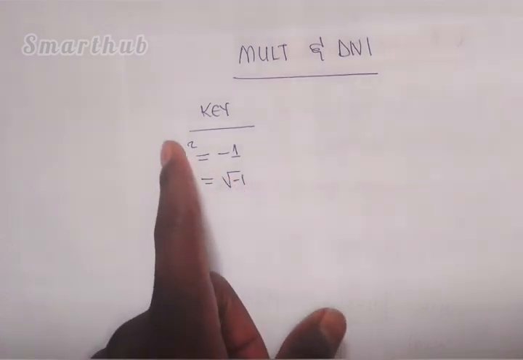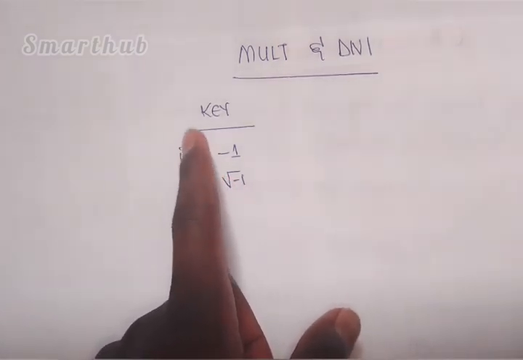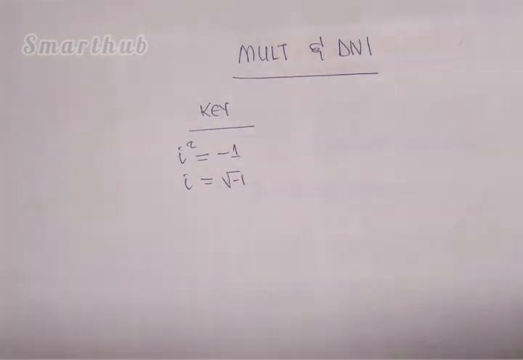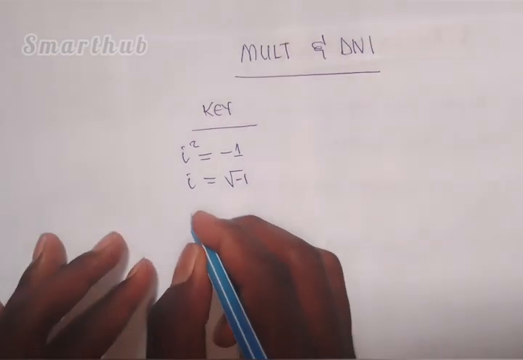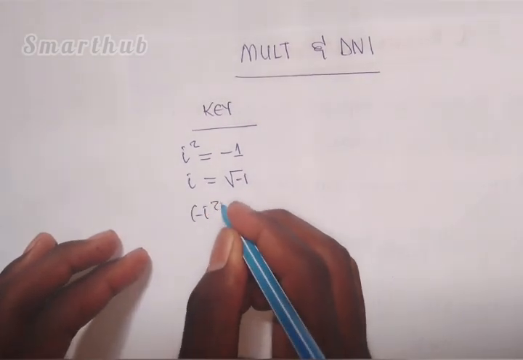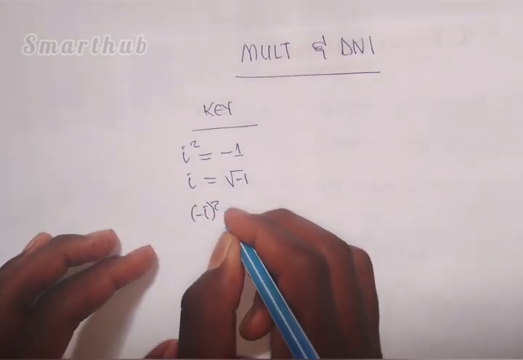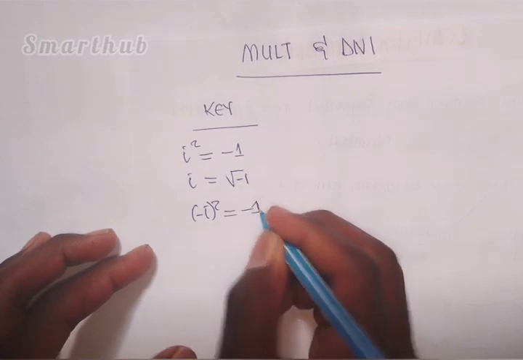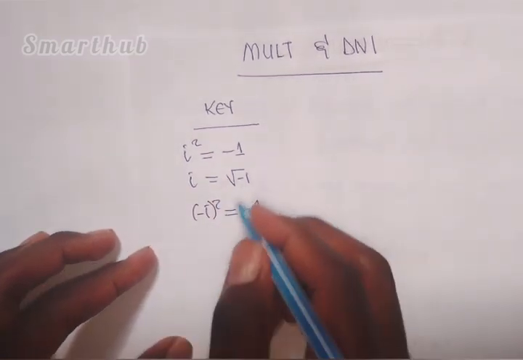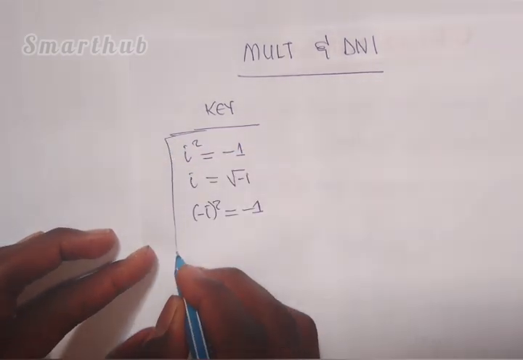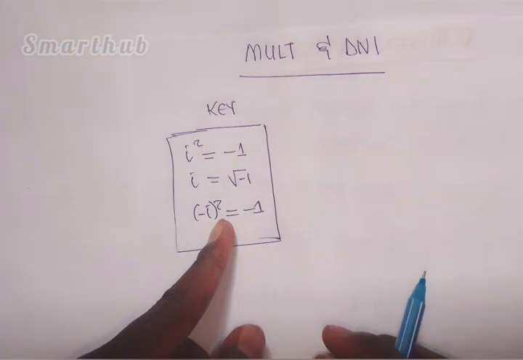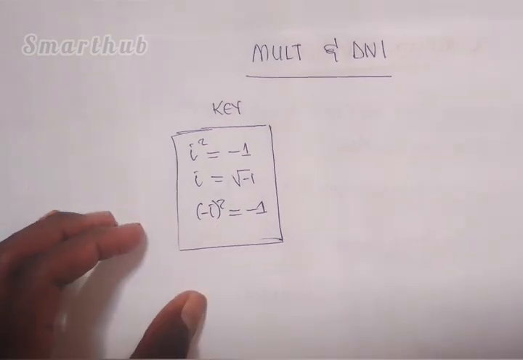Wherever you see i to the power 2, replace it with -1. Take note. Then negative i squared is equal to -1. So take note of these three things. Let me give an example.